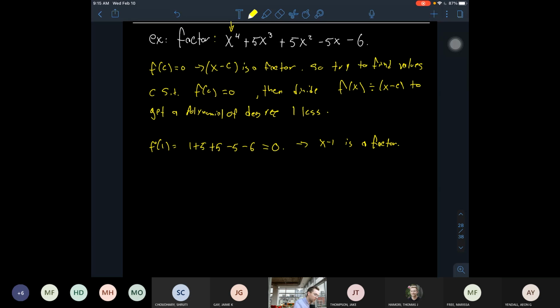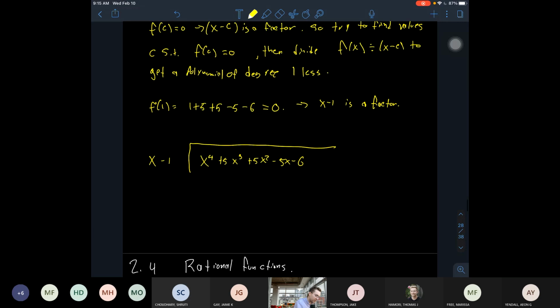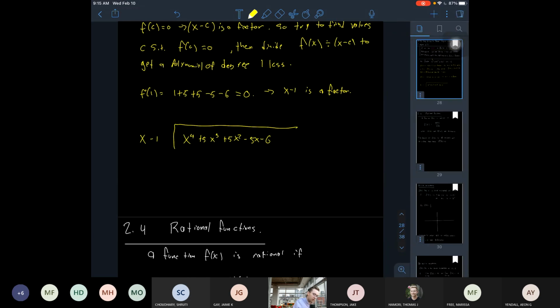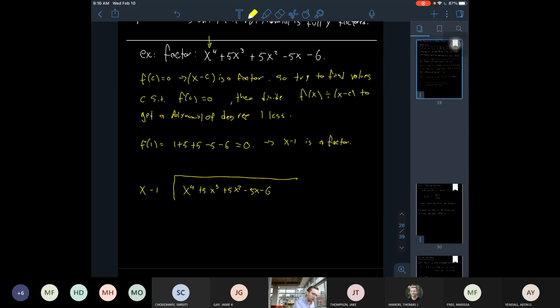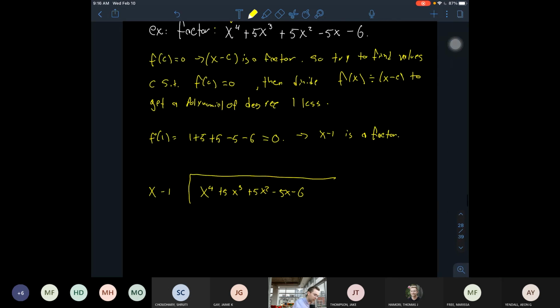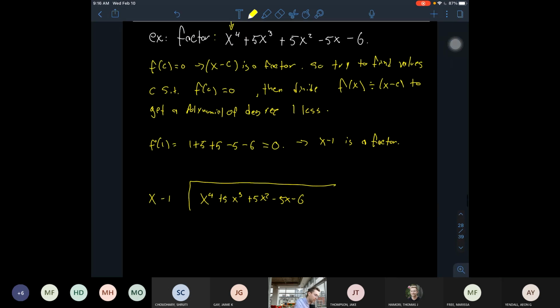Okay, so now I'm going to do long division. I'm going to divide out x minus 1. And I'm going to do this kind of quickly here because this is not so much about doing long division as it is about factoring.